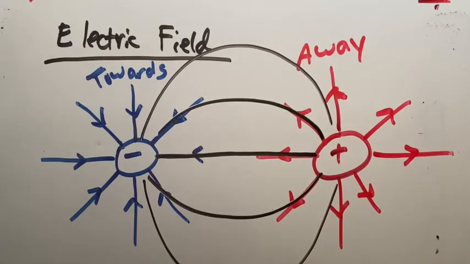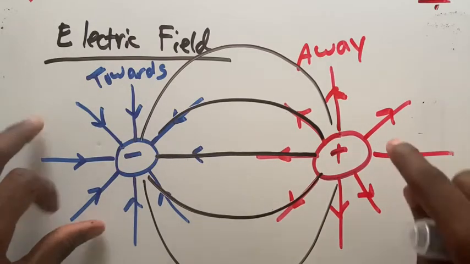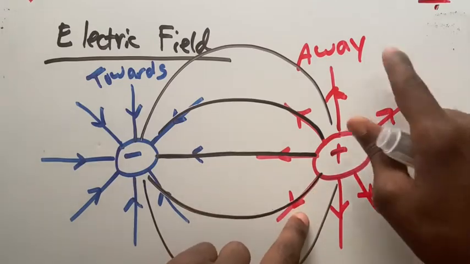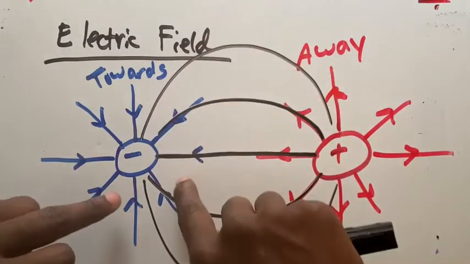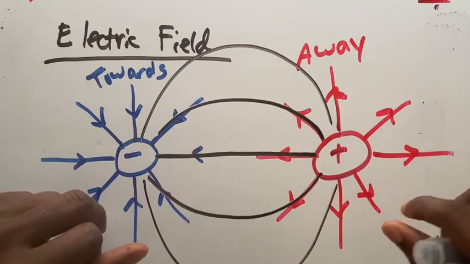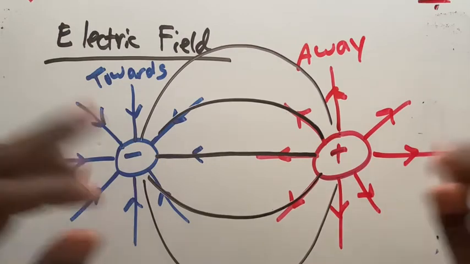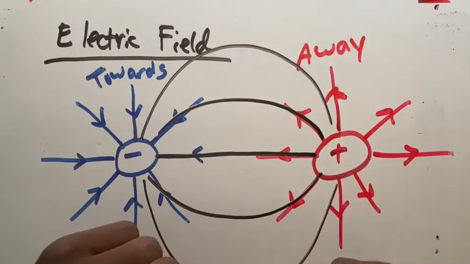Right. And then the next thing I want to say about these electric field lines, besides the fact that the positive electric field lines point away and the negative electric field lines point towards, another thing you should notice is the spacing between the electric field lines.